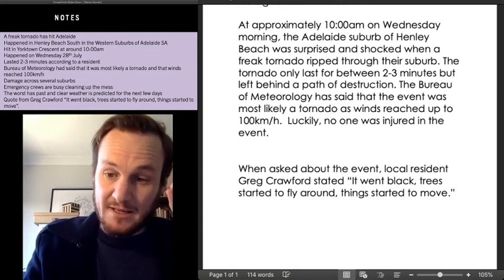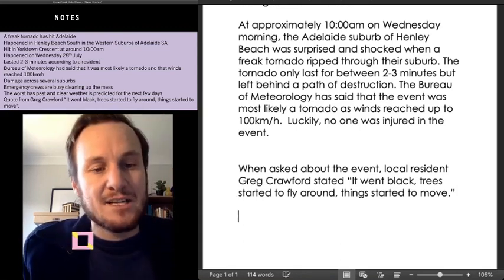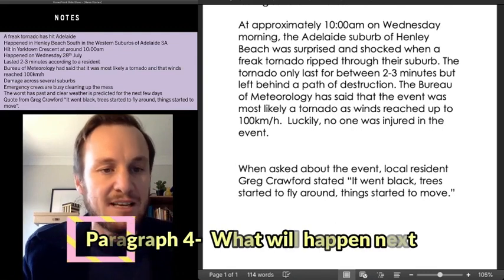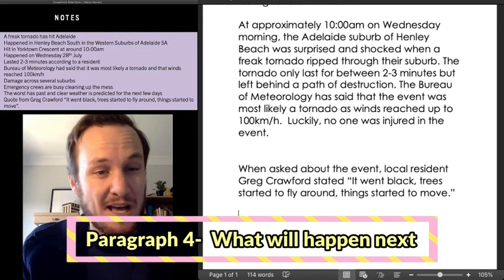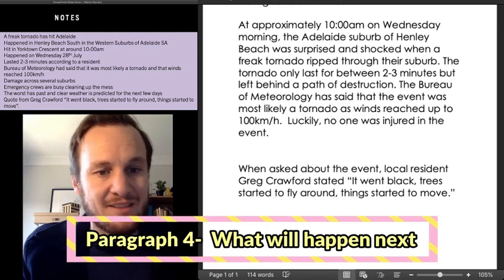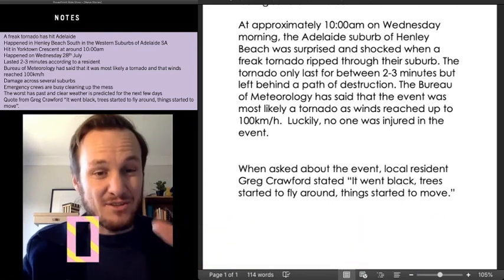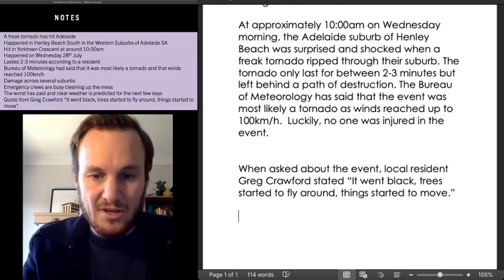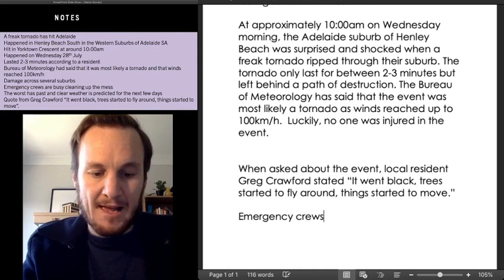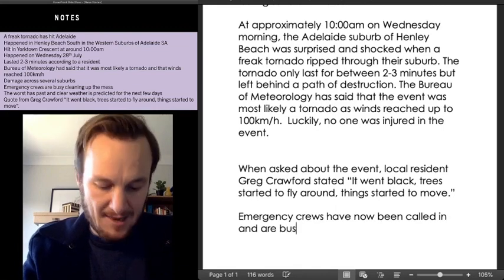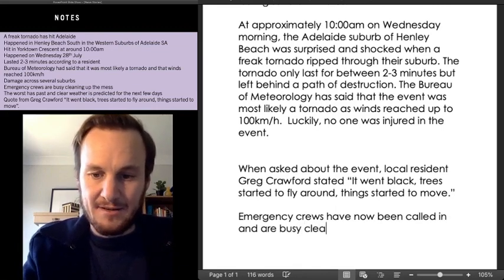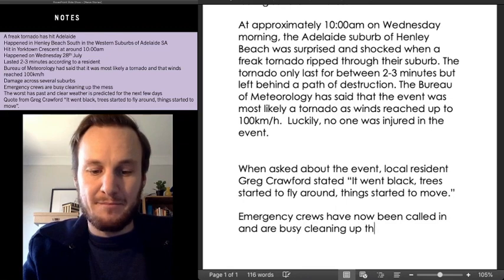Great. Now the last thing is what's going to happen now. So the two things that are in there that happen now would be that the emergency crews are now cleaning up, because that's what's happening after the tornado, and also that things aren't going to get worse. Okay, so they're the two things I want to make sure I put in my last paragraph. So emergency crews have now been called in and are busy cleaning up the mess.